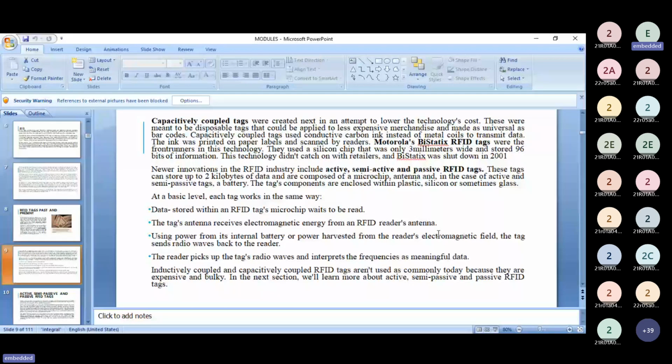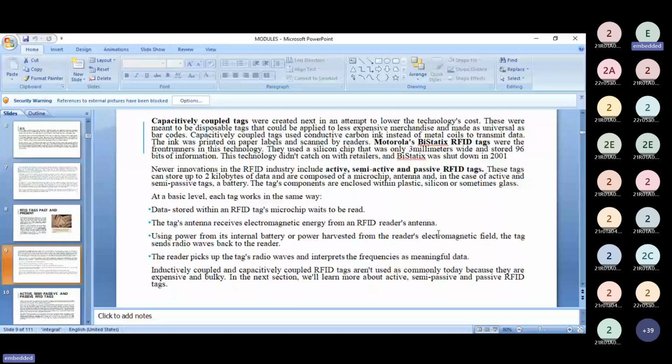The ink was printed on paper labels and scanned by readers. Motorola's BiStatix RFID tags were the forerunners in this technology. They used a silicon chip that was only 3 millimeters wide and stored 96 bits of information. This technology didn't catch on with retailers, and BiStatix was shut down in 2001.